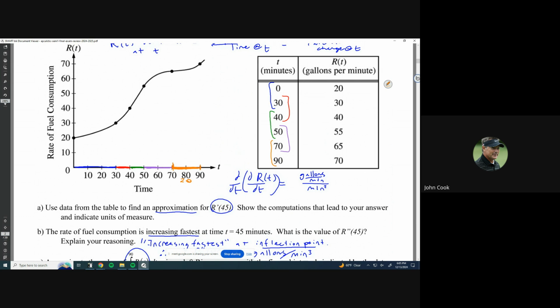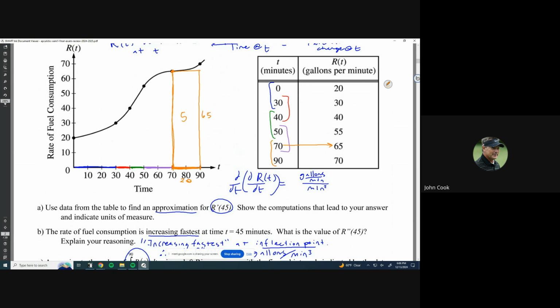So the leftmost endpoint is here at 70. So I'm going to go over to the coordinate for 70 and make a little rectangle for it. It's going to look something like this. So there's my fifth interval right here, and it has a base of 20, and then the height is going to go up to the point where 70 is, so 65. So 65 is going to be the other dimension for it.